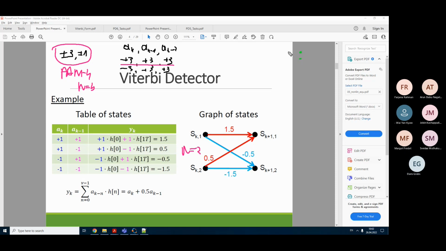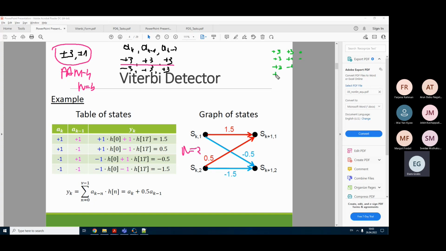So this is plus 3, plus 3, plus 3, minus 3, minus 3, plus 3, minus 1. No, wait a minute, let's go from positive to negative.